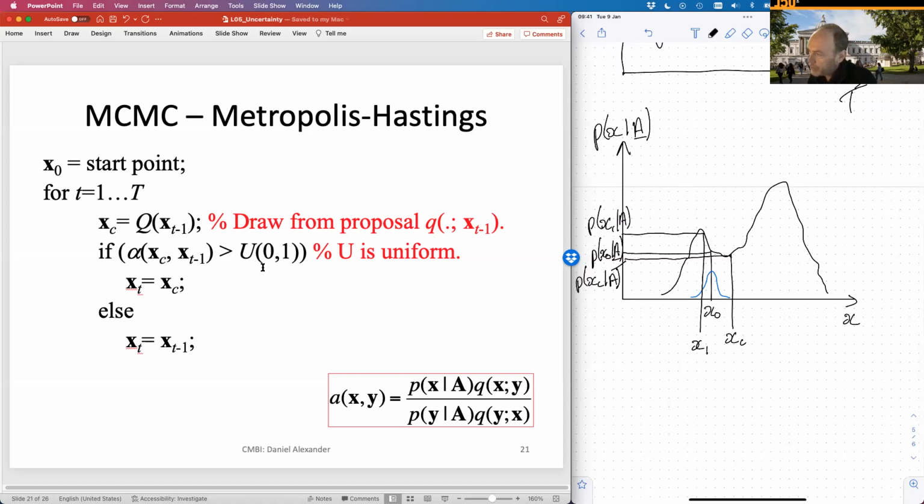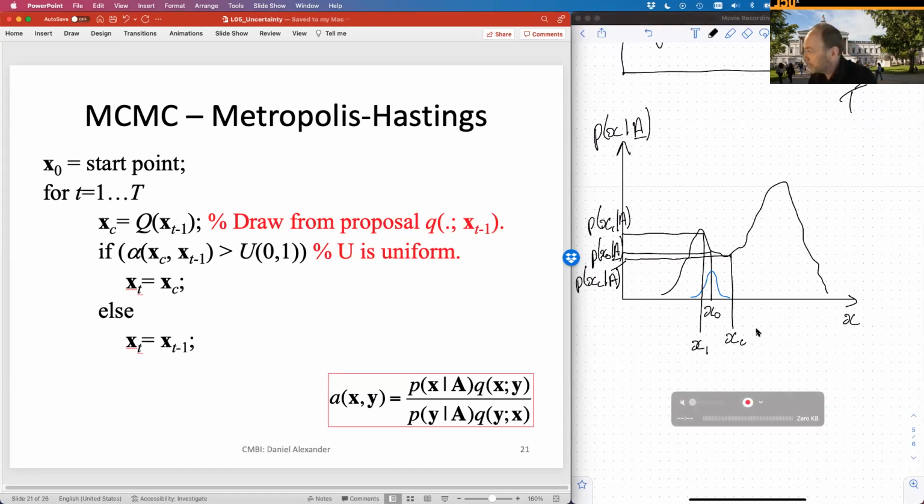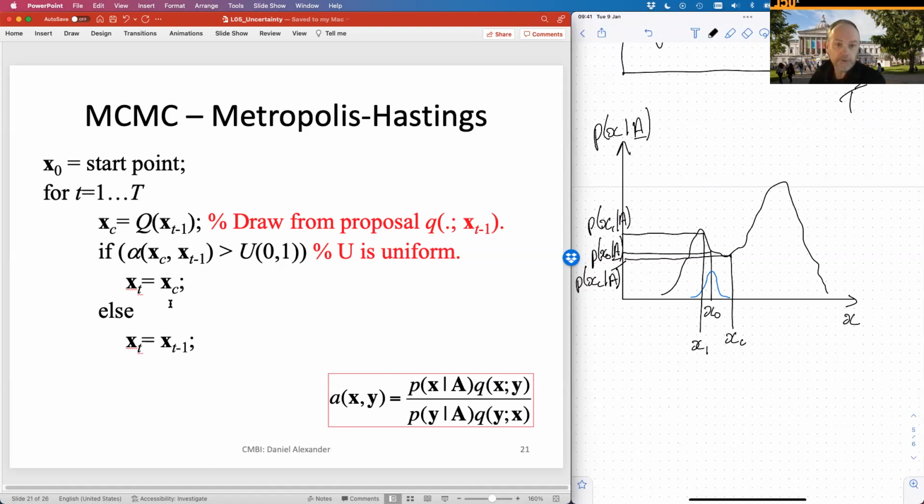When we take our random draw, there's still a 60% chance that that random number is going to be less than our likelihood ratio. So even though the likelihood of this new candidate position is less than our current position, we're still going to accept it anyway with 60% chance.